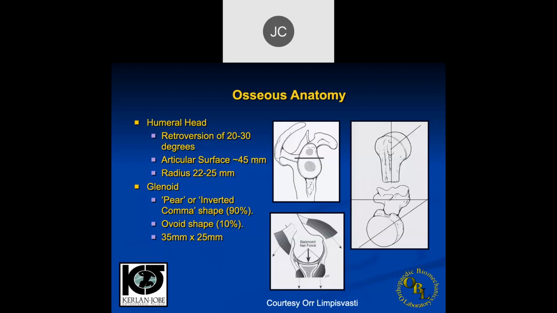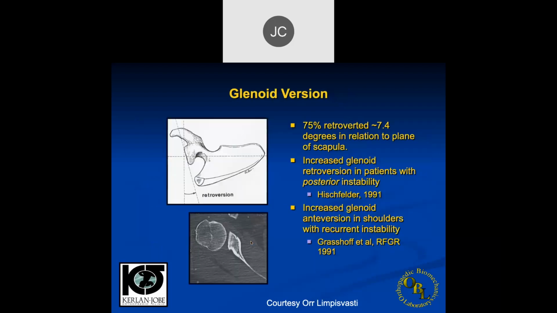The articular surface is about 45 millimeters, radius between 20 and 25 millimeters, in a group of patients studied by Kerr and Jobe. You typically have an inverted pear shape in the sagittal plane about 90% of the time, ovoid shape about 10% of the time, and those are the typical dimensions.